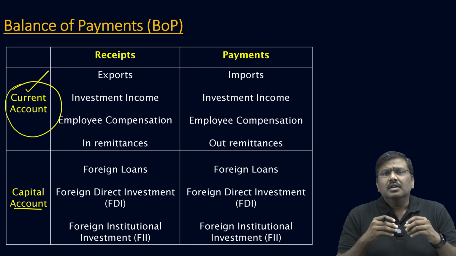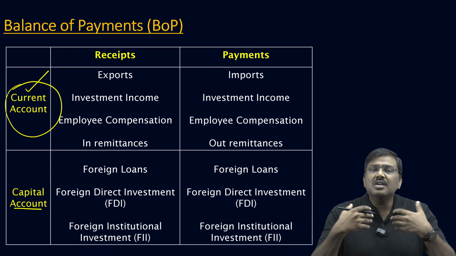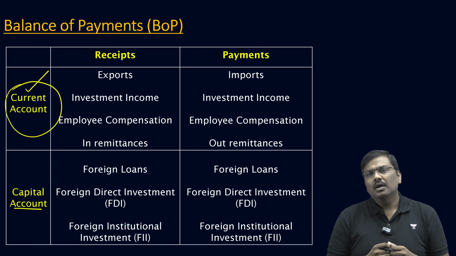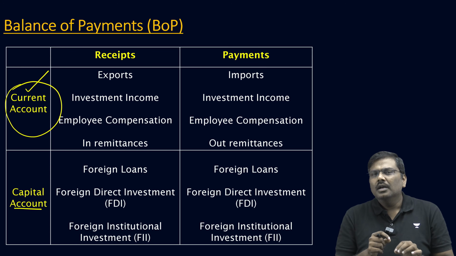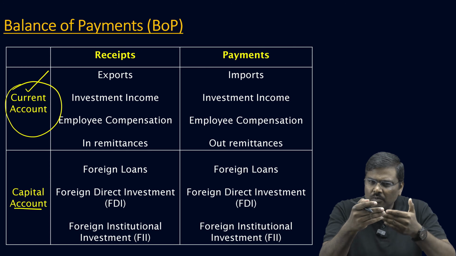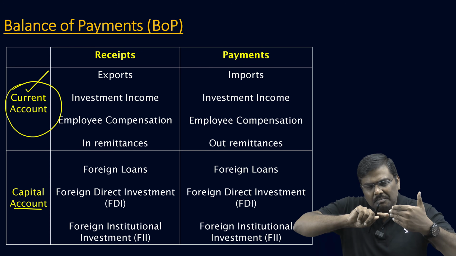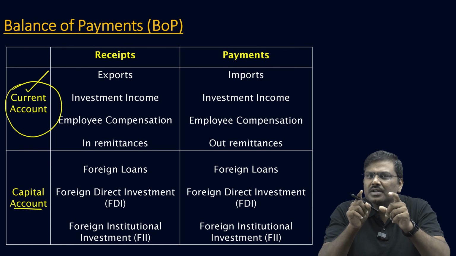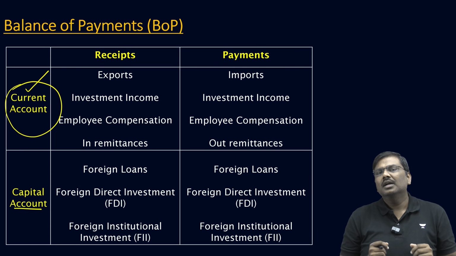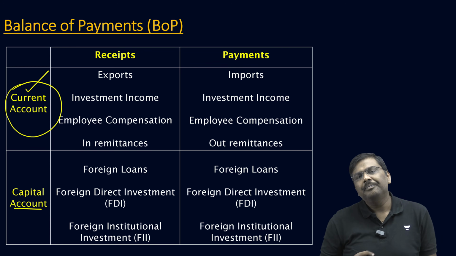Second, the concept of remittances. Remittances are nothing but transfer payments. And please understand, transfer payments essentially mean the money is transferred from one party to another, but in return, no goods or services are accepted. That is essentially called the concept of transfer payment.